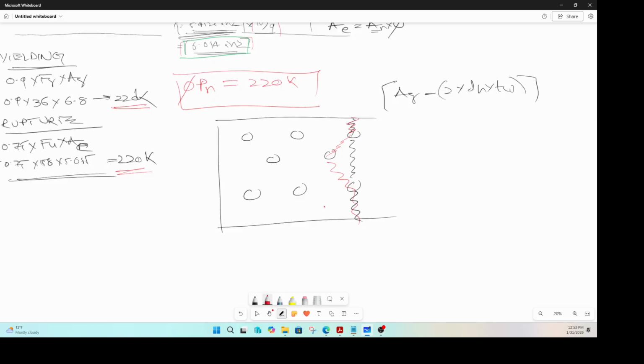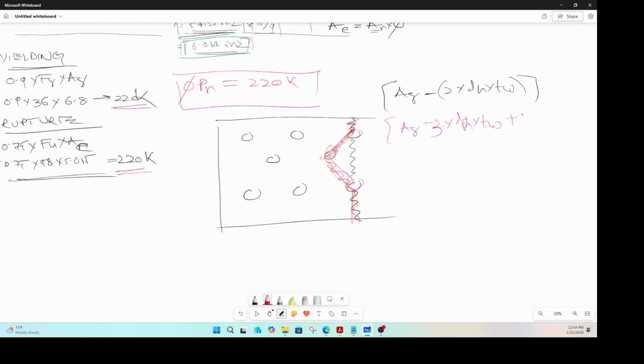Whereas for the red path here, because there are two oblique planes, you take your gross area minus 3 times the diameter of the hole times the thickness, for the three holes.